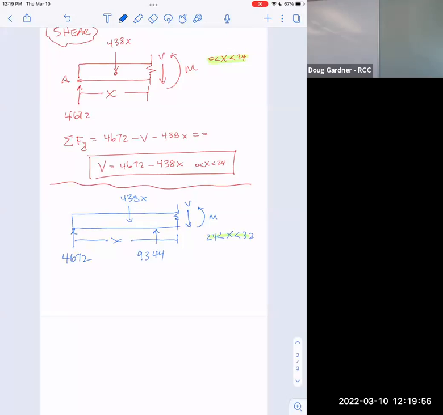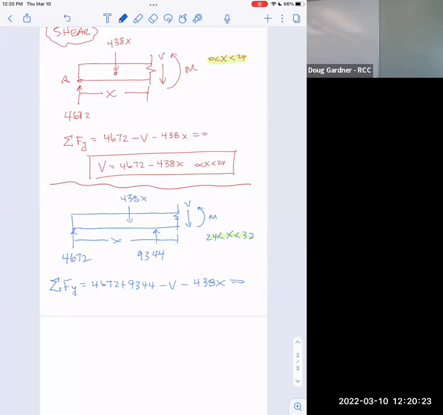And so let's see what that looks like. So I would say this time the sum of the forces in Y equal 46.72 up, but then also 93.44 up. V going down and 438X going down. So that's all it added.